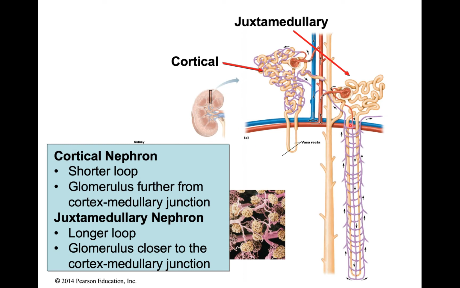But look at how long this loop of Henle is. It goes deep down into the medulla. So that's their main difference, where they're located and the lengths of the loops of Henle. Again, the juxtamedullary nephron, because it goes deep into the core of the kidney, is surrounded by a lot more salt, which causes more reabsorption of water.